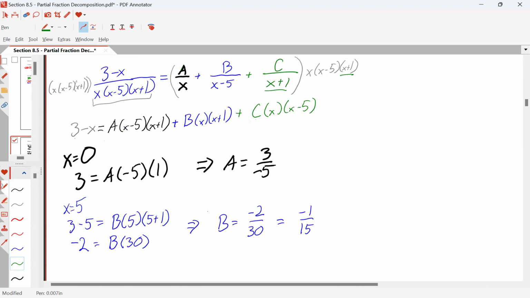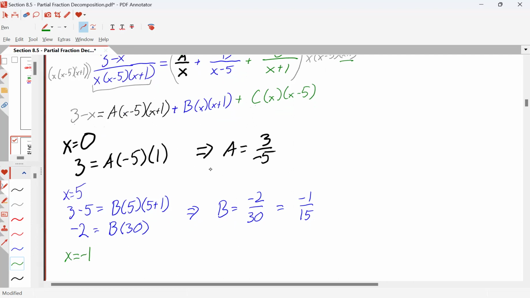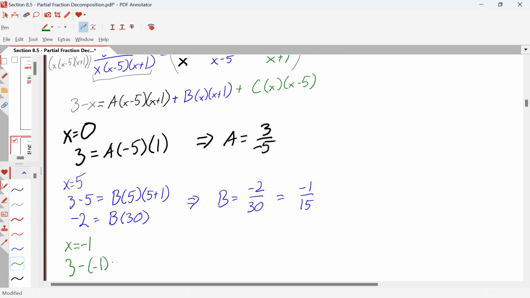And finally, C. What C's factor doesn't have is the x plus 1. So when x equals negative 1, the thing that would make x plus 1 0, we will get 3 minus a negative 1 equals A times negative 6 times 0 is all 0. Plus B times negative 1 times 0, because x is negative 1, is all 0.